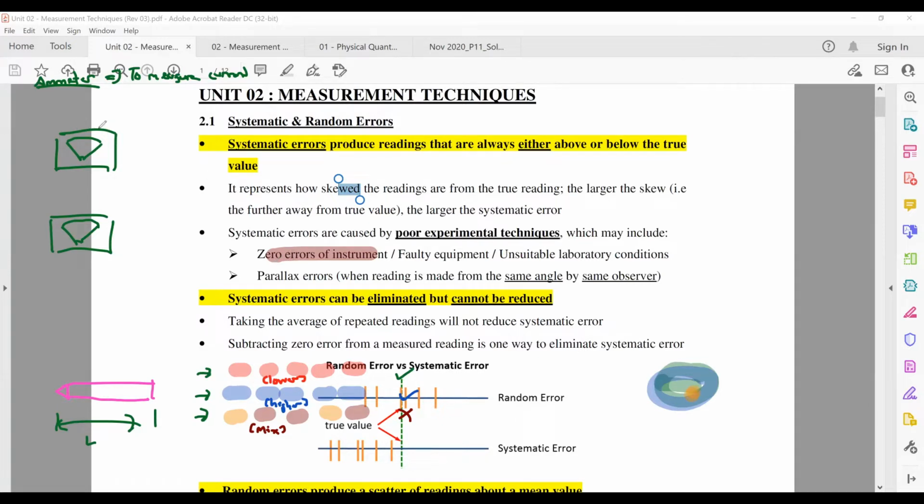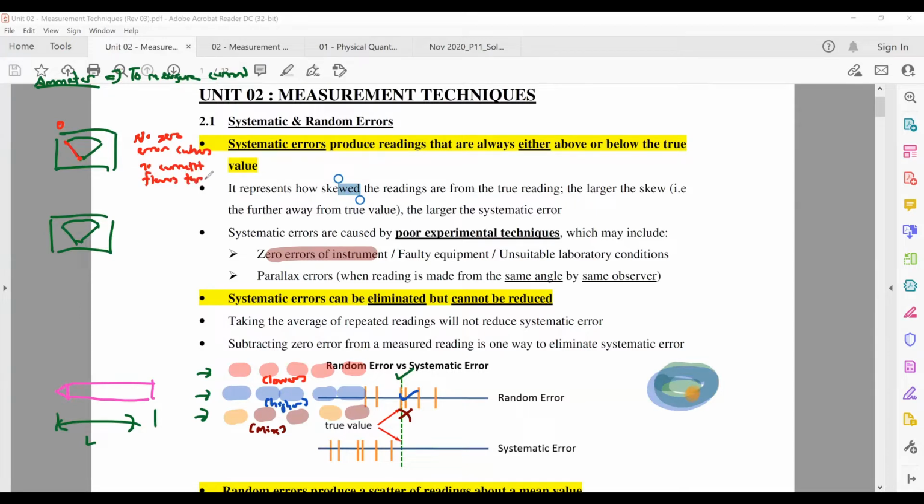If you consider an ammeter, which is used to measure current, when there is no current flowing, you expect your needle reading to go back to zero, right? This is what we call having no zero error when no current flows through.